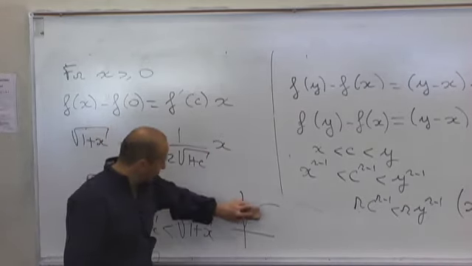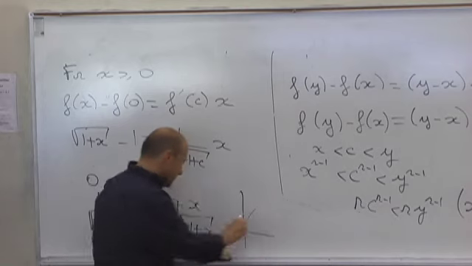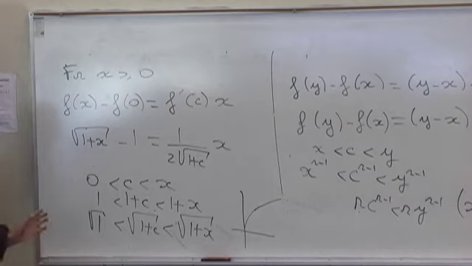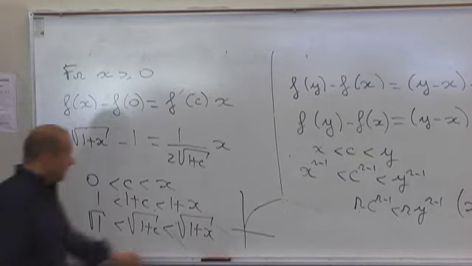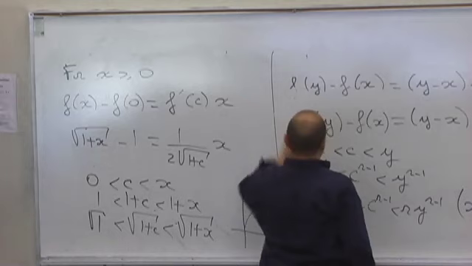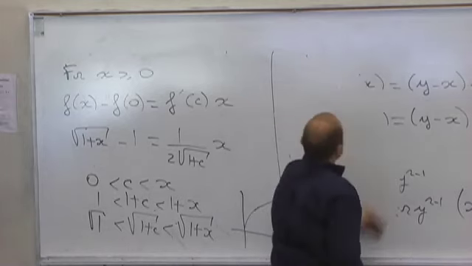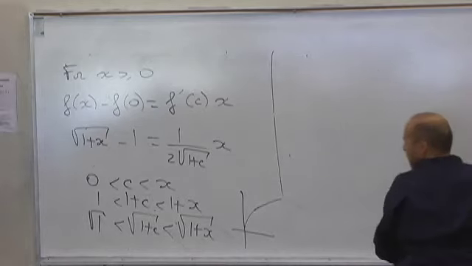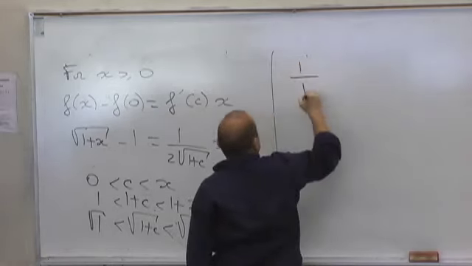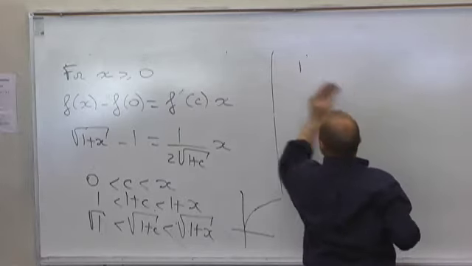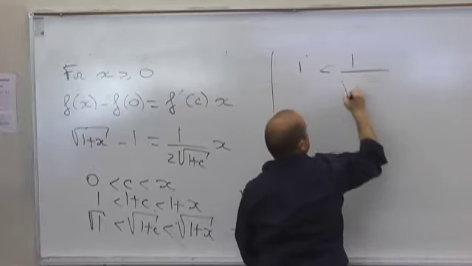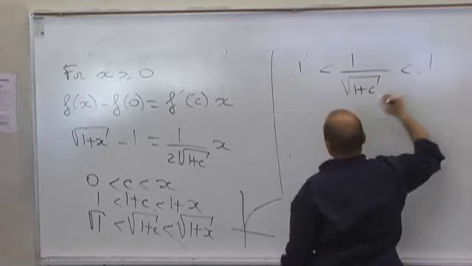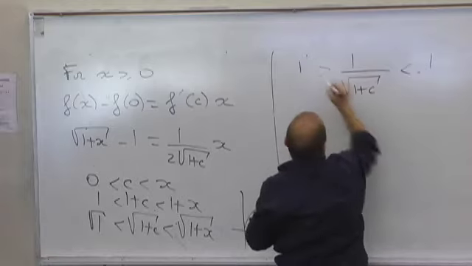If it's strictly increasing, it shouldn't go down. Okay? So that's what I'm using. And then let's put just 1, is less than 1 over square root of 1 plus c, which is less than 1 over, no, it's the other way.